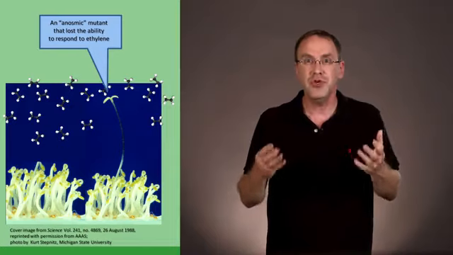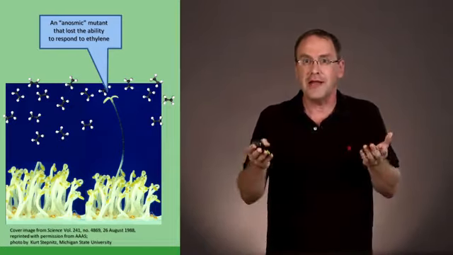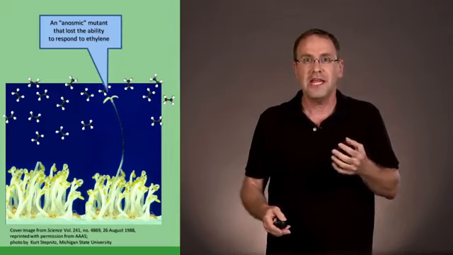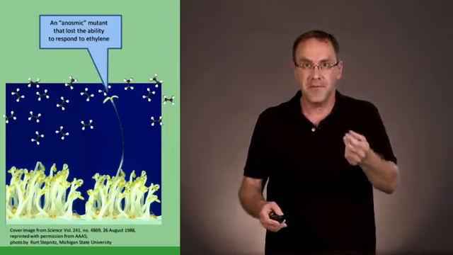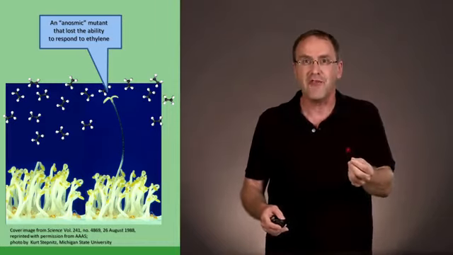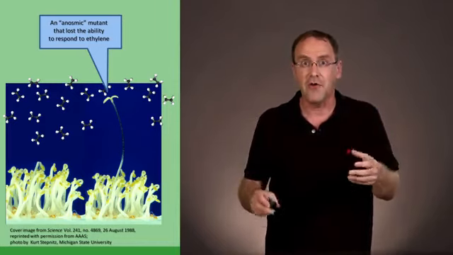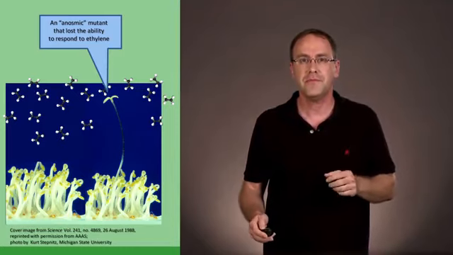And we can see that these mutant Arabidopsis are elongated. In other words, they've lost the ability to sense the ethylene. We can think of them as anosmic plants. Anosmia is what happens when we lose our sense of smell. These plants have lost their sense of smell for ethylene. They've lost the ability to respond to ethylene.